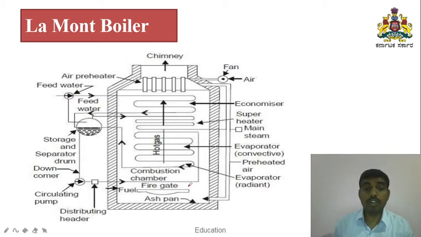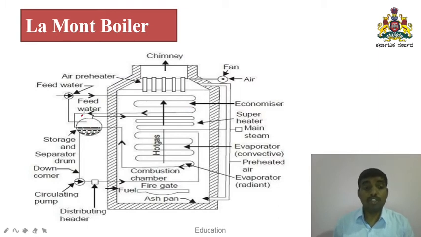While combustion occurs, the flue gas flows in the upward direction. When the flue gas passes through the economizer, the heat from the flue gas is supplied to the economizer containing water. That water will get preheated to approximately more than 100 degrees centigrade. This preheated water will be supplied to the drum.